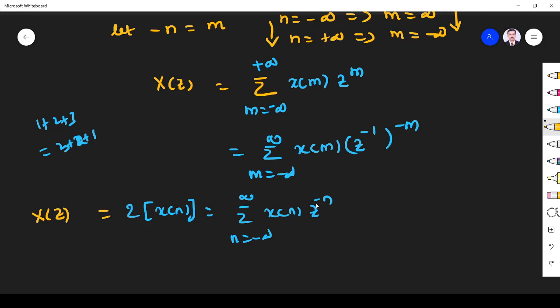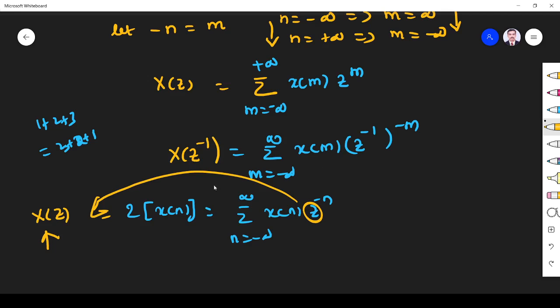Here you see z power minus n is nothing but z inverse power n. Here everything is in terms of m or n, but that's just a variable. So if it is z, here it is X of z. Here we don't have z, we have z inverse. So it must be equal to X of z inverse. Clear or not? So that's the thing.